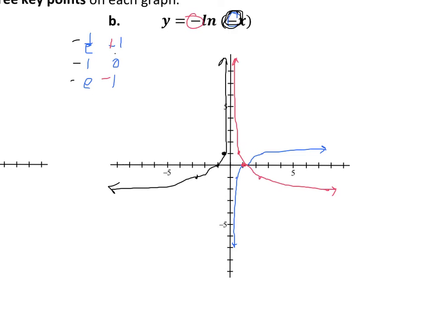But if the negative's out front, then that changes it before you shift it. So whenever a negative's out in front of it, that's going to be a flip thing. So with that problem, you just make both sides negative? Correct. Yep, exactly. Because the red one flips it over the x-axis, the black one flips it over the y-axis.